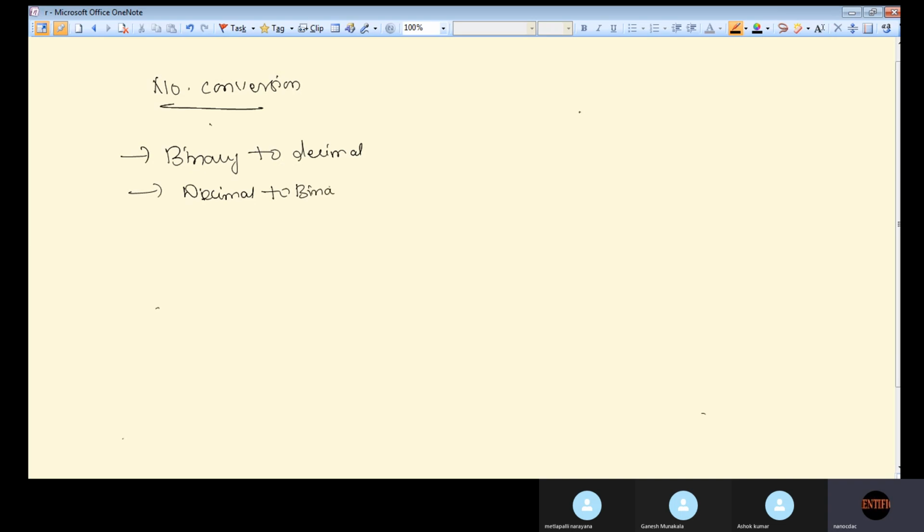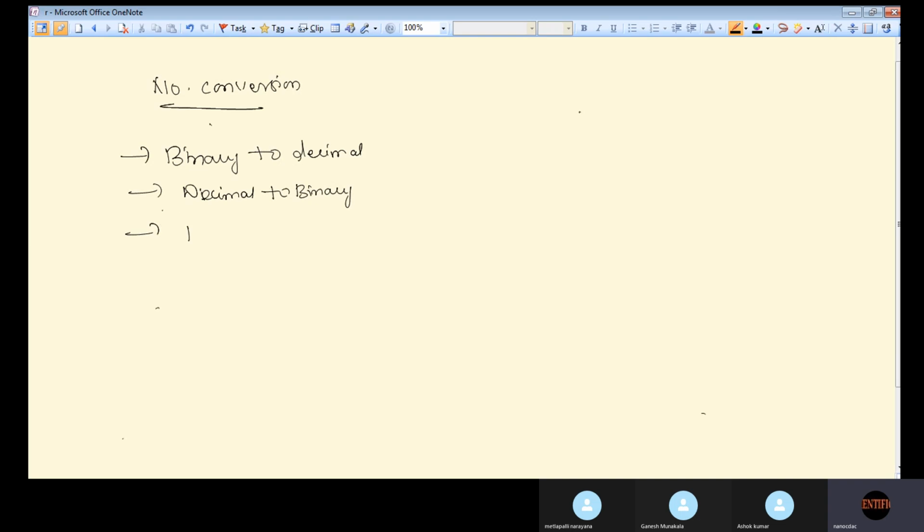So normally in number conversion we have already seen binary to decimal, and decimal to binary conversion. These are the basic conversions.